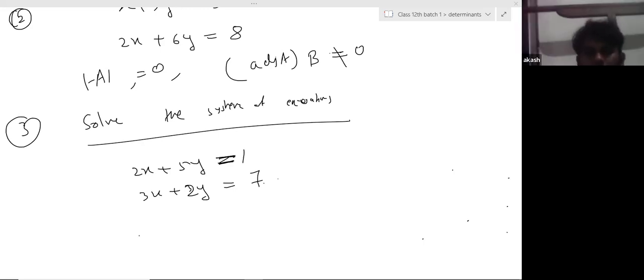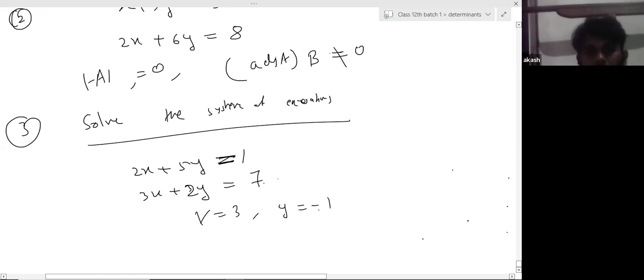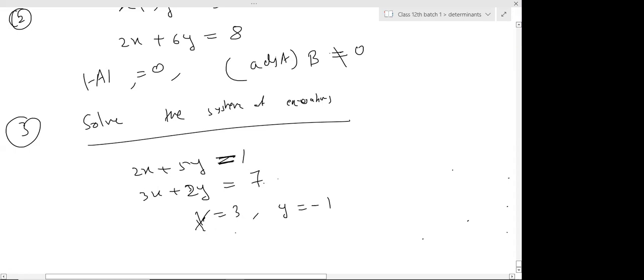So I think x is equal to 3 and y is equal to minus 1. All right. Ronaldo, Kulsum, same answers? Have you solved this, Kulsum? I got minus 3 and 1, sir. No, this is the right answer.